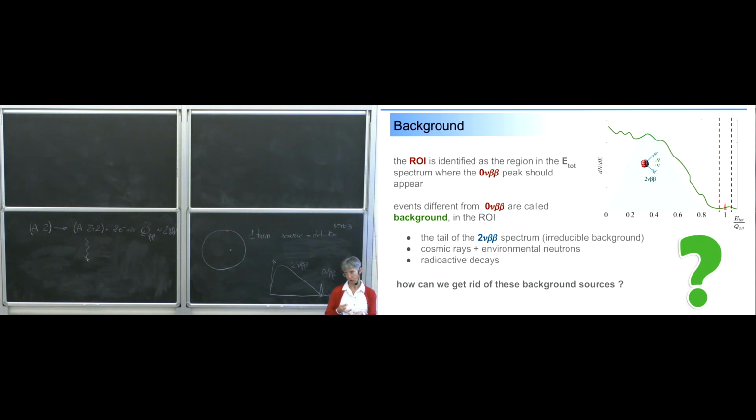And then radioactive decays, mainly natural radioactivity. And so if I have to choose a technology for my source equal detector experiment and design my experiment, I have to understand how to get rid of these three sources.